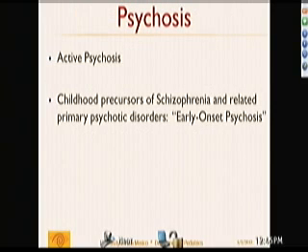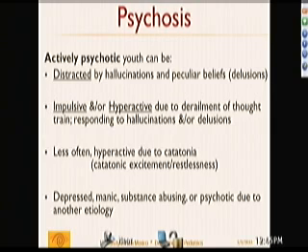Now, psychosis is another consideration, and generally we have more active or acute psychosis, and then the more gradual onset of early onset psychosis that's known as childhood schizophrenia.